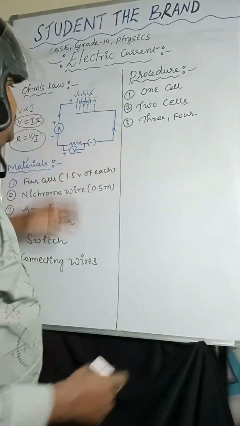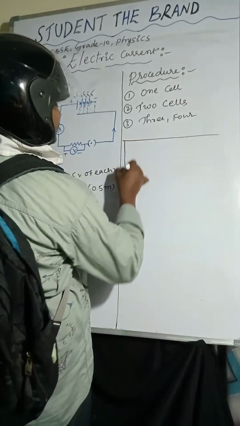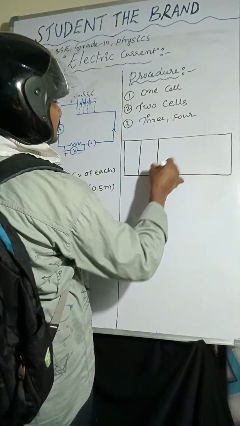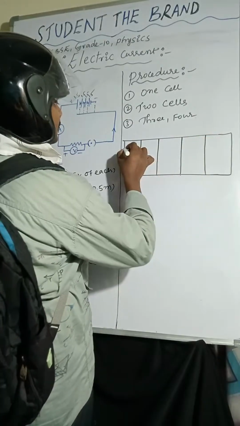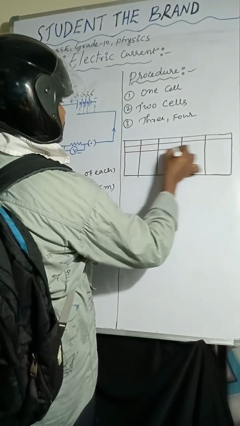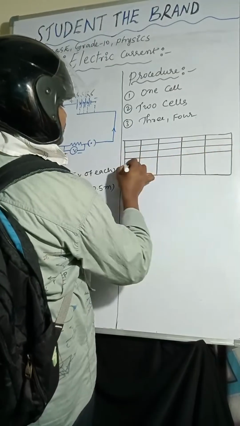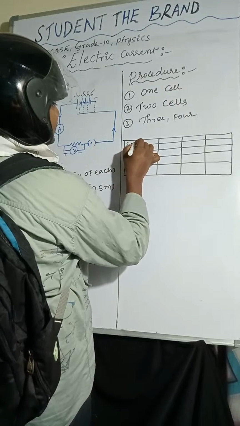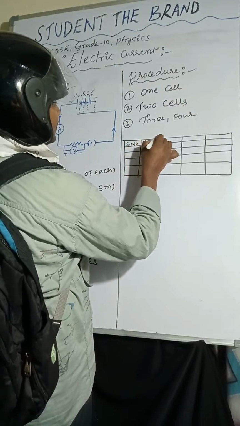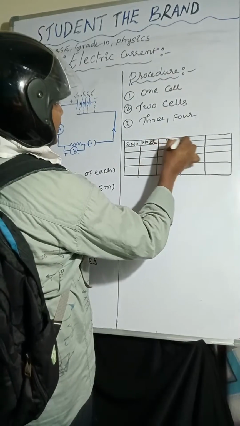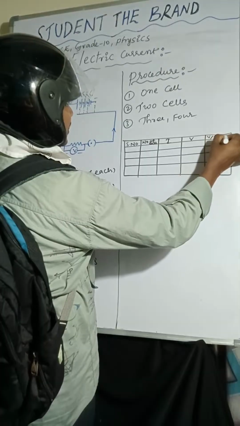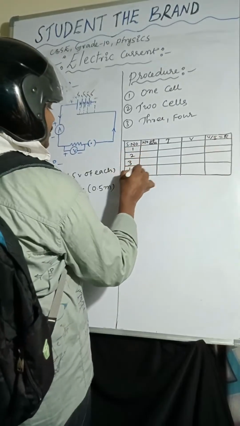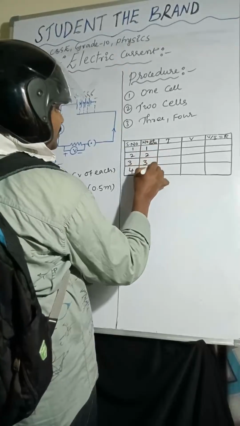If you repeat the process, then make a table with serial number, number of cells, ammeter reading, voltmeter reading, and V by I, that is equal to R. Okay, so 1, 2, 3, 4.